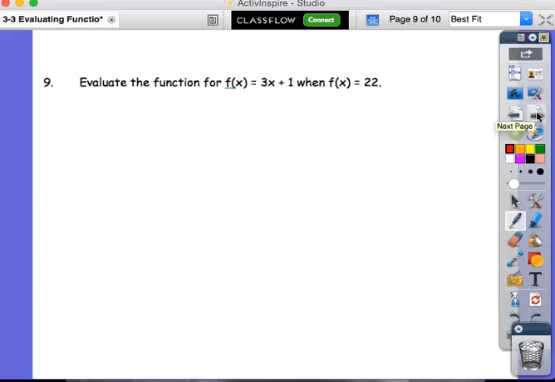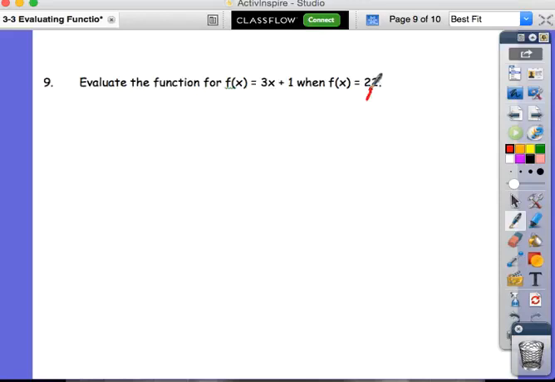Evaluate the function for f of x equals 3x plus 1 when f of x equals 22. Okay, if f of x is 22, so what do we do here? Where do I put the 22? Not in for x.